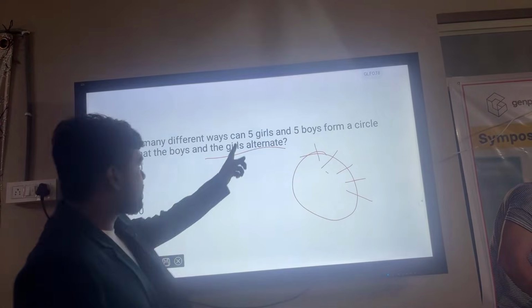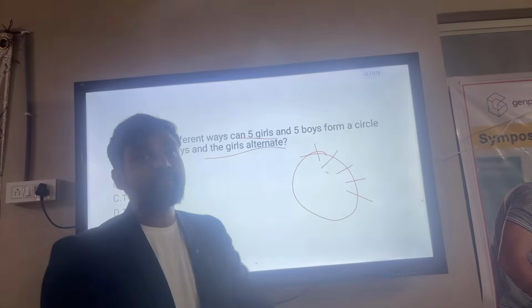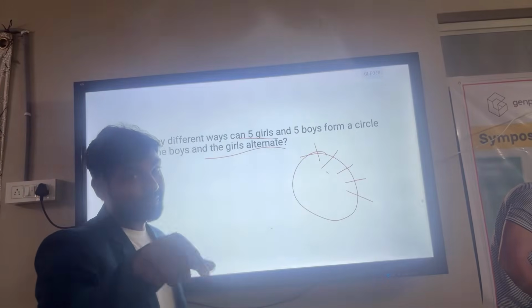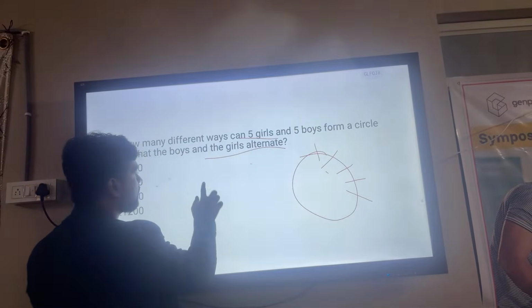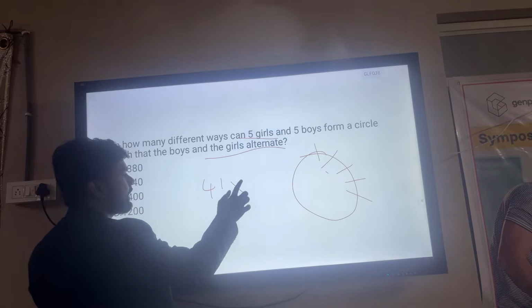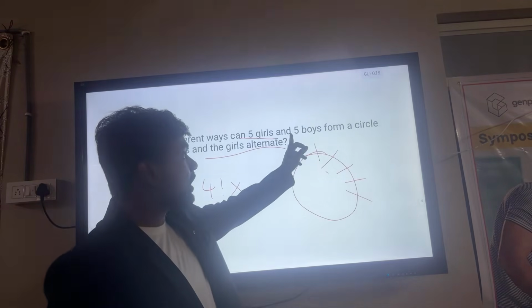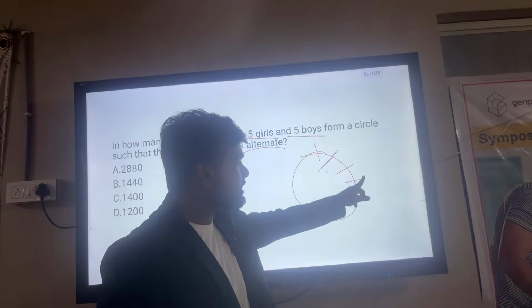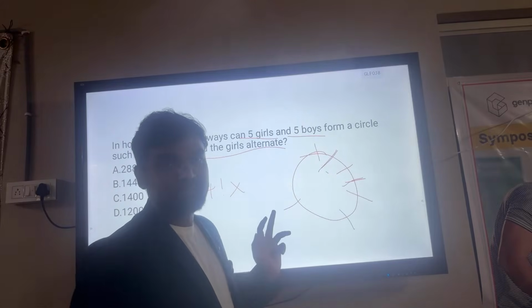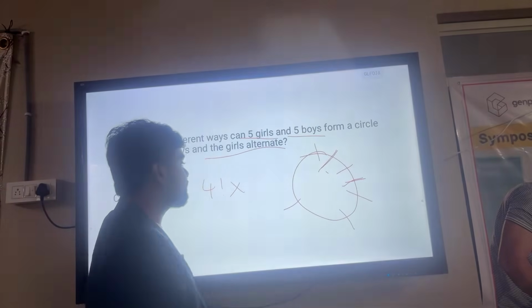So totally, how many girls are there? 5 girls are there. 5 girls can be arranged in 4 factorial, because it is n minus 1, 5 minus 1. Into boys: there are 5 boys, and 5 positions, so they can be arranged in 5 factorial.